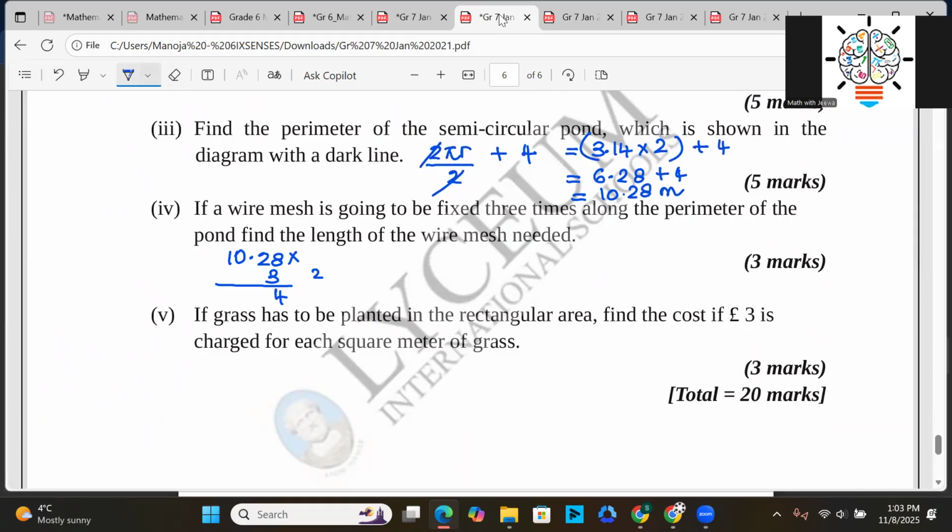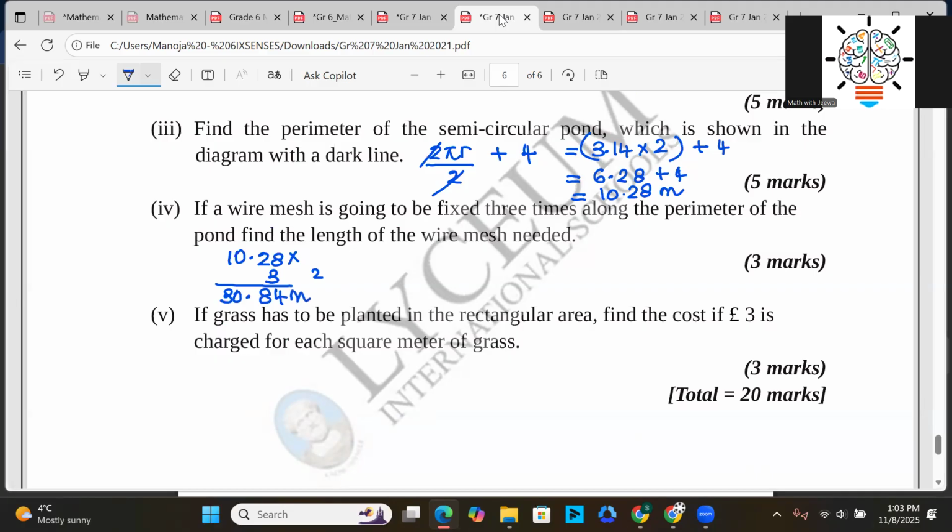Then 3 times 2, 6. 6 plus 2, 8. So let's double check. 3 times 8, 24. And then 3 times 2, 6. So then you have 10.28 multiplied by 3. It is 30.84 meters, right?